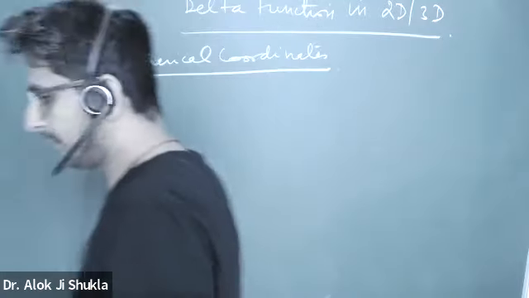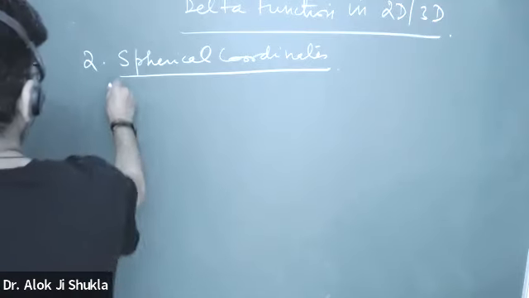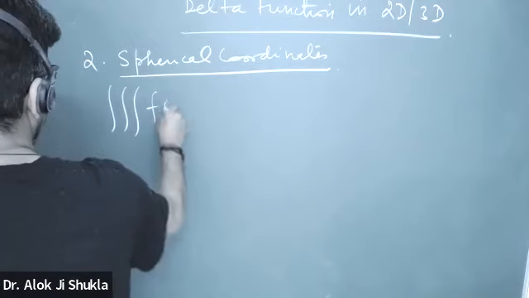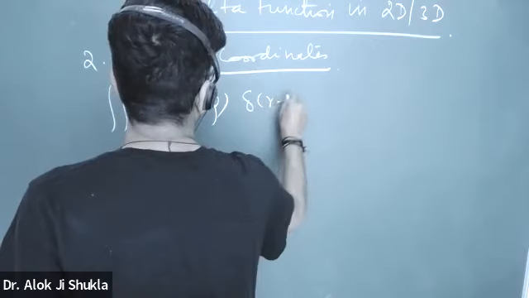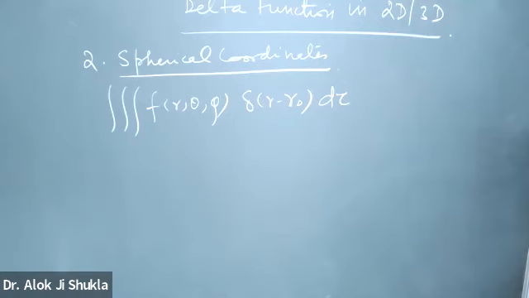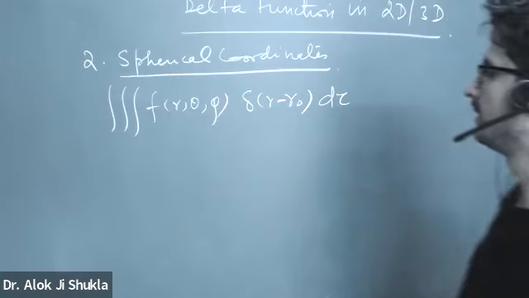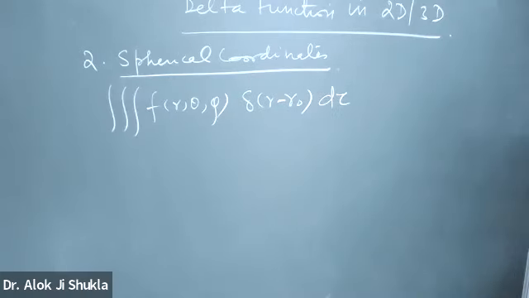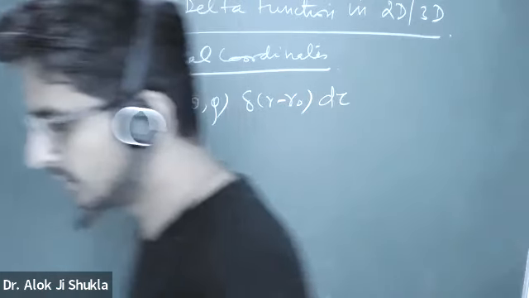For spherical coordinates, we will write the triple integral of some function of r, theta, and phi, and delta function r minus r naught, and d tau. Please see this carefully. So your delta function is at the position r equal to r naught and the other coordinates are in the volume. So this will be equal to what?